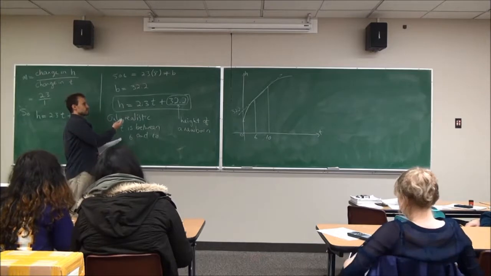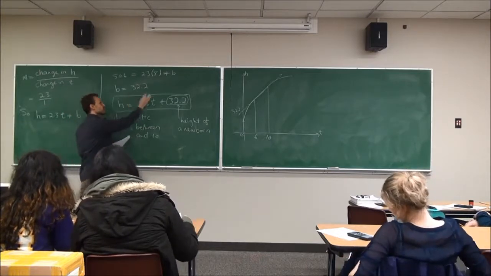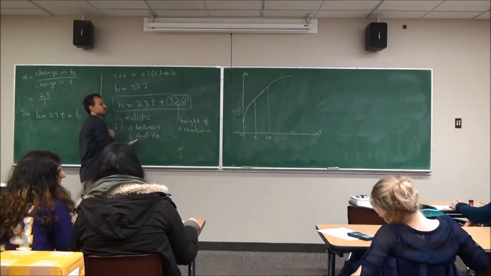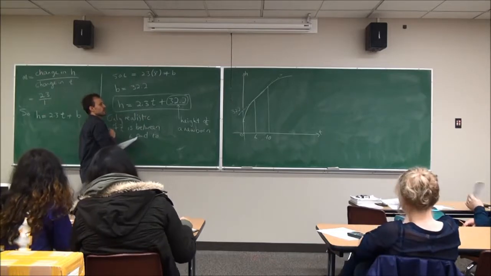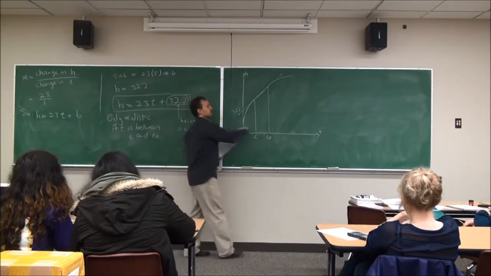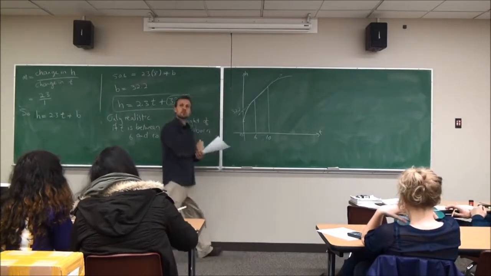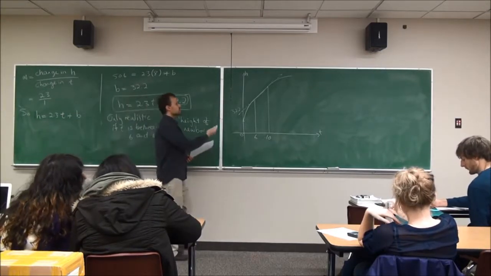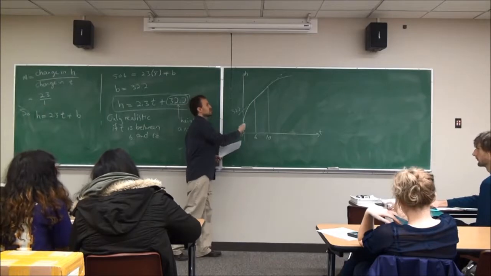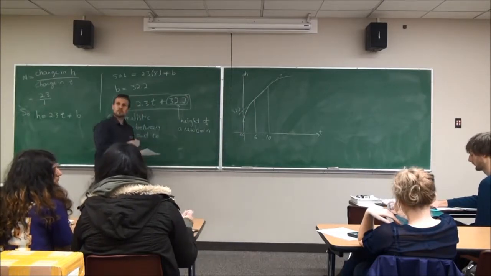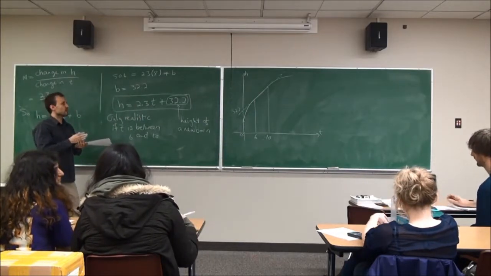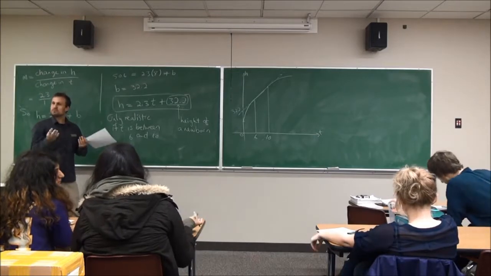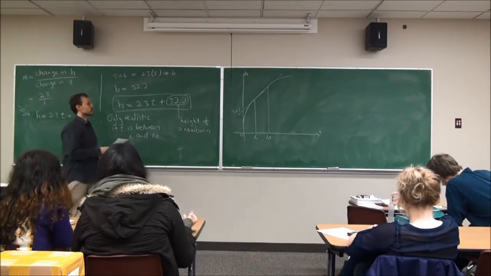So, there's good and bad news. The good news is using a straight line to describe something makes it easy, but it doesn't necessarily apply for everything. It might just apply to a small window. And then the actual situation is more complicated than that. When the child's really young, or when the person's older, it's not a straight line anymore.